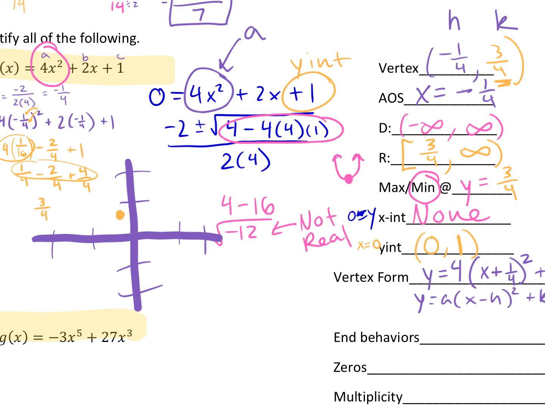What's another point on my graph that I already have? The y-intercept. So I have a y-intercept at 0, 1, so that's my second point. And then I can just put the third point on the other side of the axis of symmetry here. So my parabola opens up. So my graph looks like that.